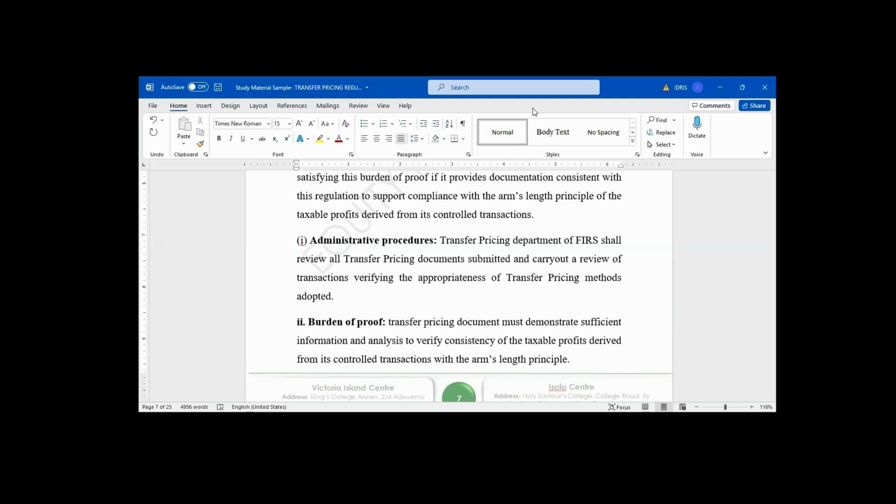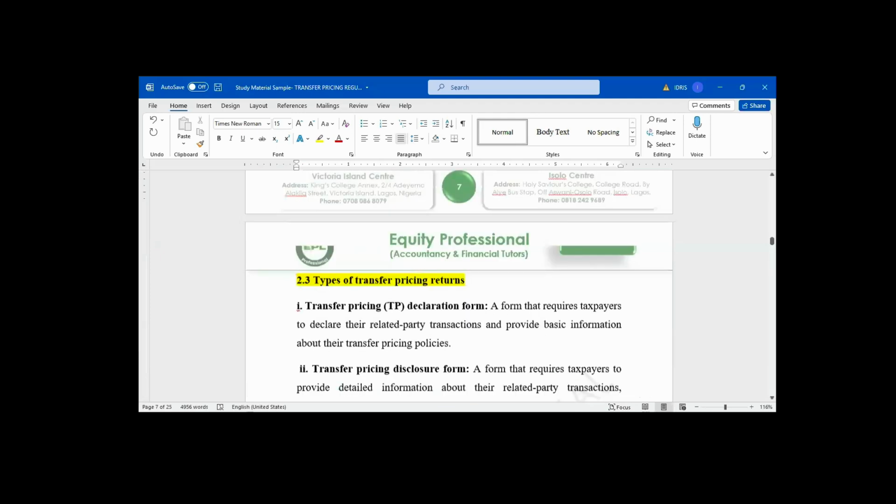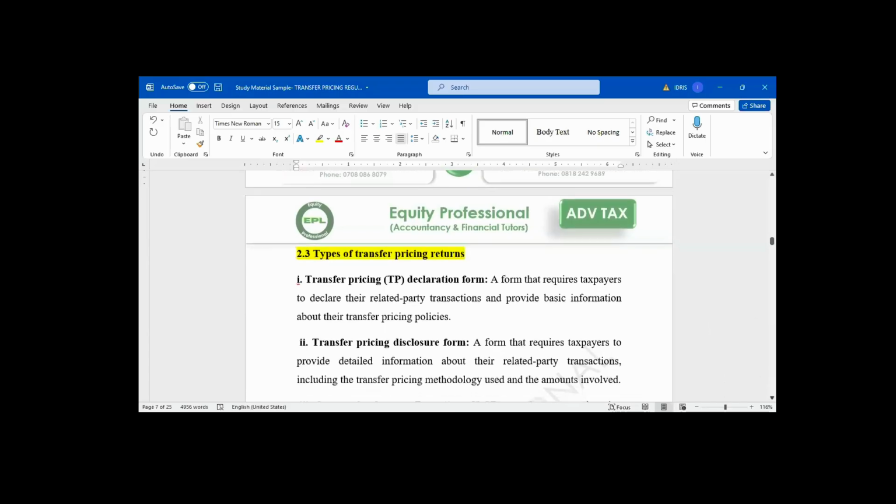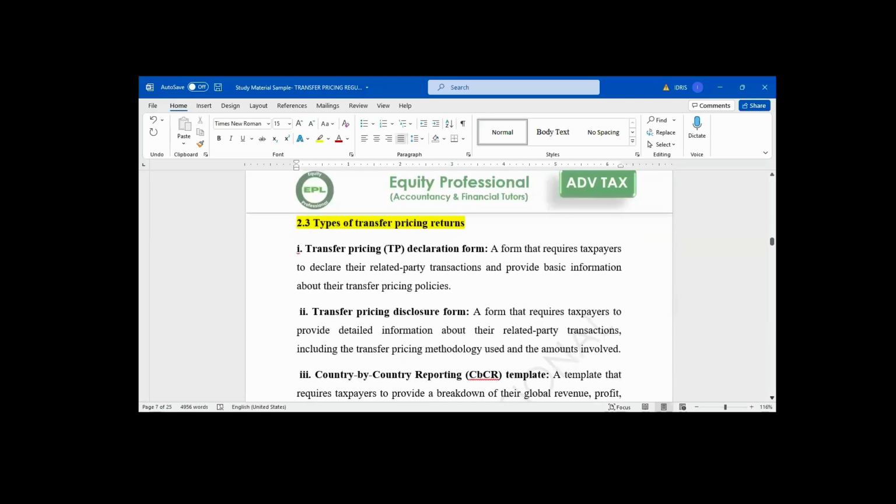Now, the last one under transfer pricing documentation is the transfer pricing return. At the end of the year, the company files a return. While filing the tax return, they will also be required to file what is called the transfer pricing return. There are different types of transfer pricing return. First, the transfer pricing declaration form.